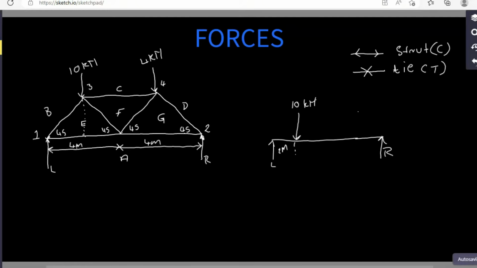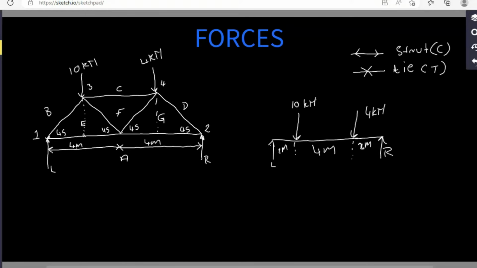Same thing with this one of 4 kilonewtons. So this is 2 meters, and then in the middle we will be left with 4 meters from this point to this point.